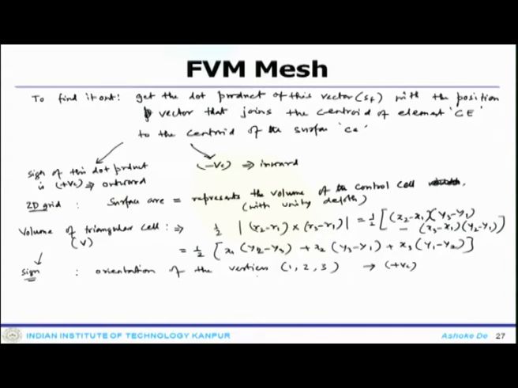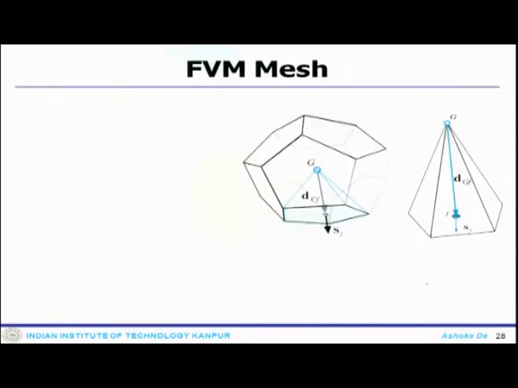If they are oriented in a clockwise direction, this would be a negative sign. So, the sign convention will also be an issue. Now, you can find out the volume. So, volume and centroid of an element.